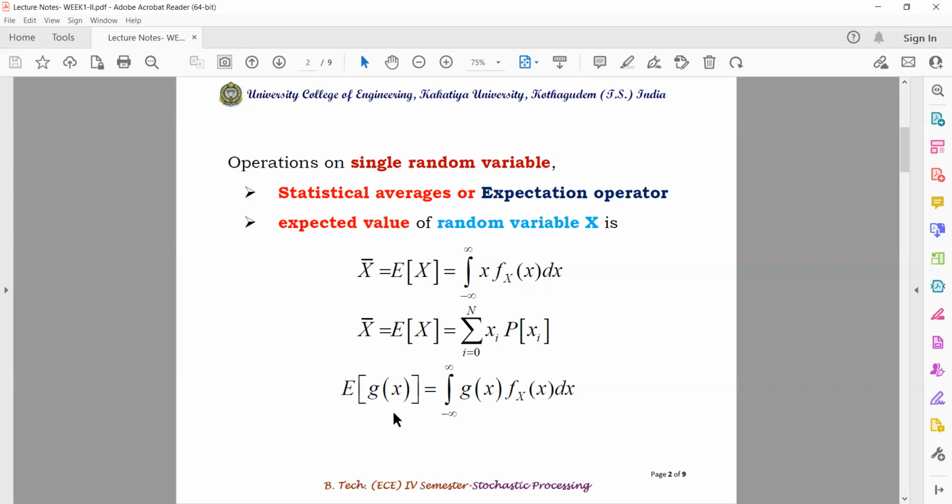Whatever is in the brackets of the expectation operator is copied down into the integration, multiplied with its probability density function. This is the ensemble average, the operations on a single random variable, calculation of statistical parameters to evaluate the random variable behavior.